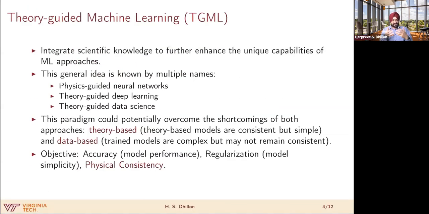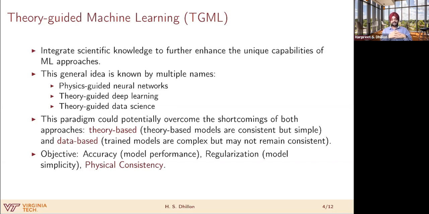So the objective, once you start thinking in terms of this theory-guided machine learning idea, is threefold as opposed to twofold, which we usually have in machine learning. The obvious target is that your model should be accurate, right? It should perform well. It should do what it is supposed to do.